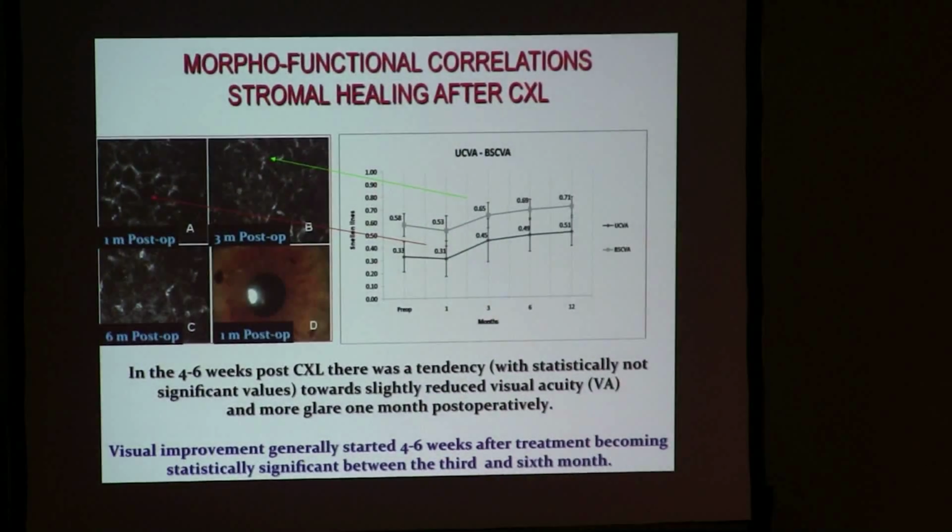This is really important because also if we look at the morphofunctional correlation, we can see something in the epi-off, as you can see also in the confocal microscopy, and the patient after the epi-off crosslink doesn't see well for a month because we have a reaction.